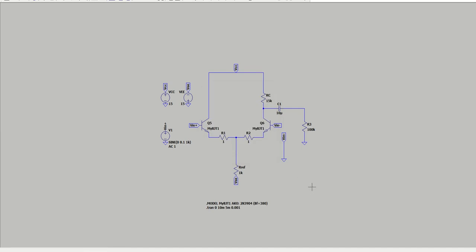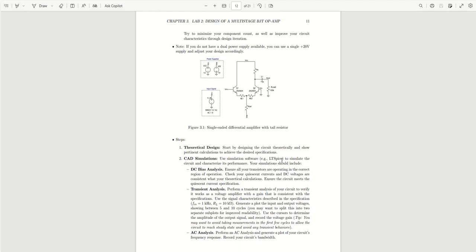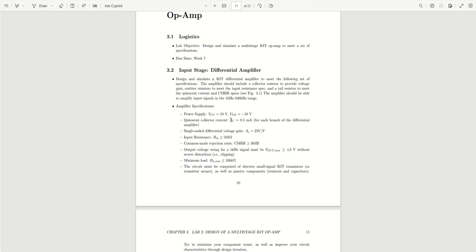Then the next value you want is the tail resistor. The tail resistor uses the full current from both branches, and our lab specifications say that the collector current is 0.5 milliamps.